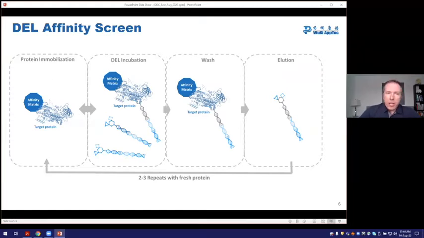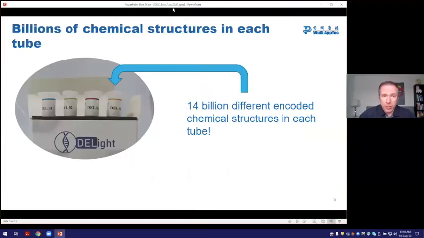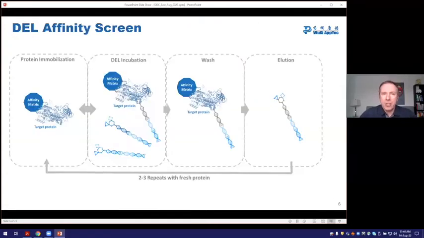So we take the target protein and we mobilize it onto a solid phase resin. We then take the DEL from one of those tubes. So each DEL is in this tube. We take the DEL from the tube itself and we simply add it to your target. Now, most library members in that tube won't bind to the target, so those get washed away.